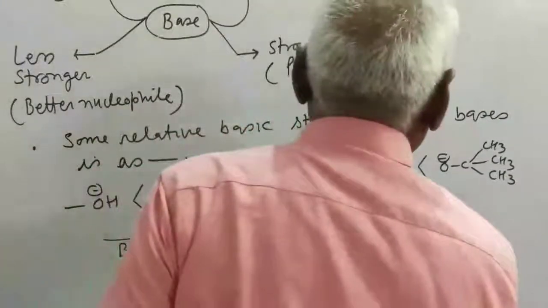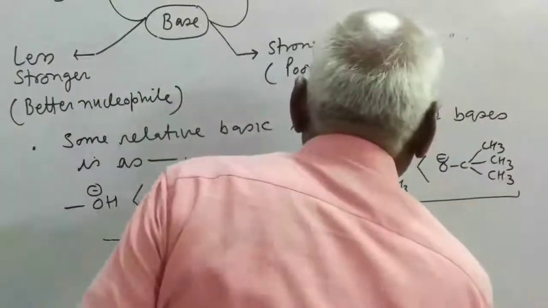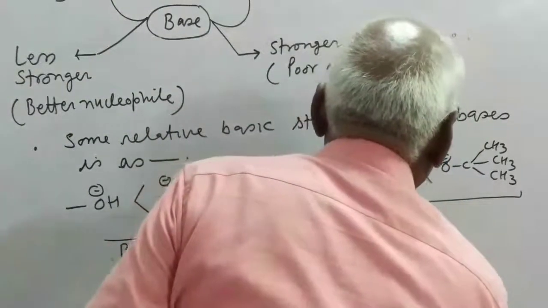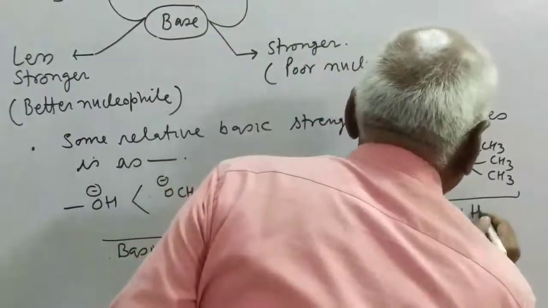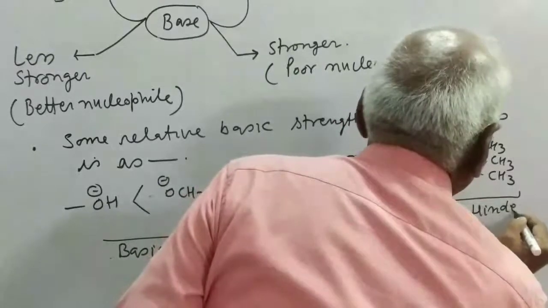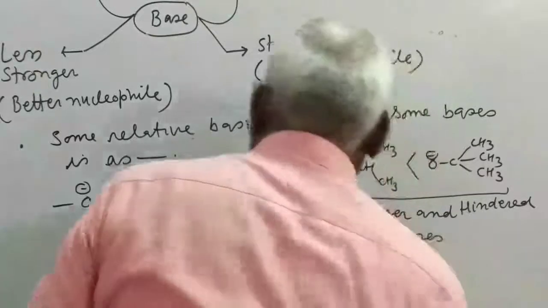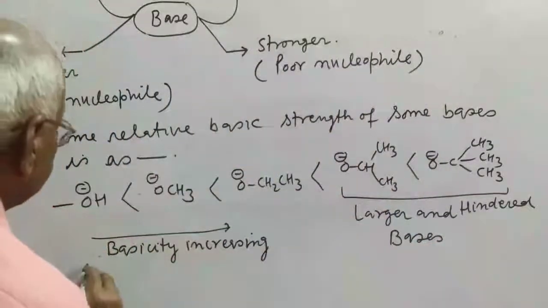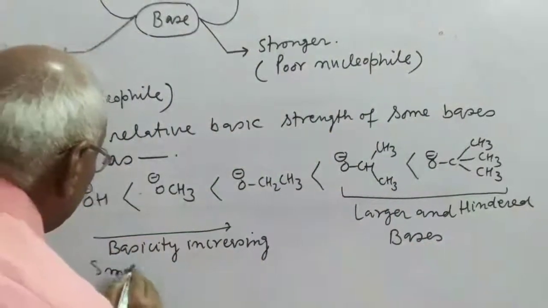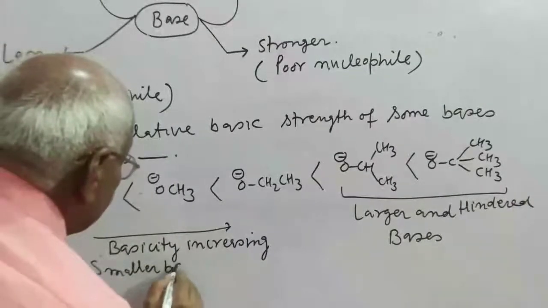These are called the larger and hindered bases, and these are the smaller bases.